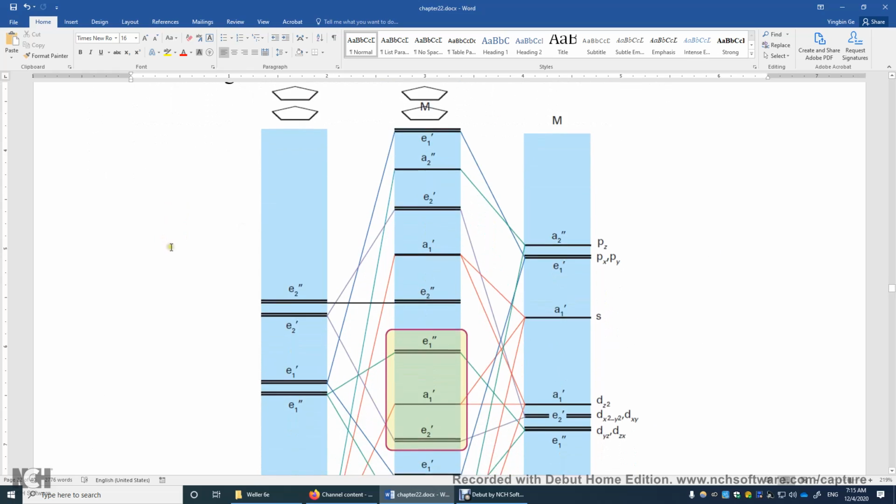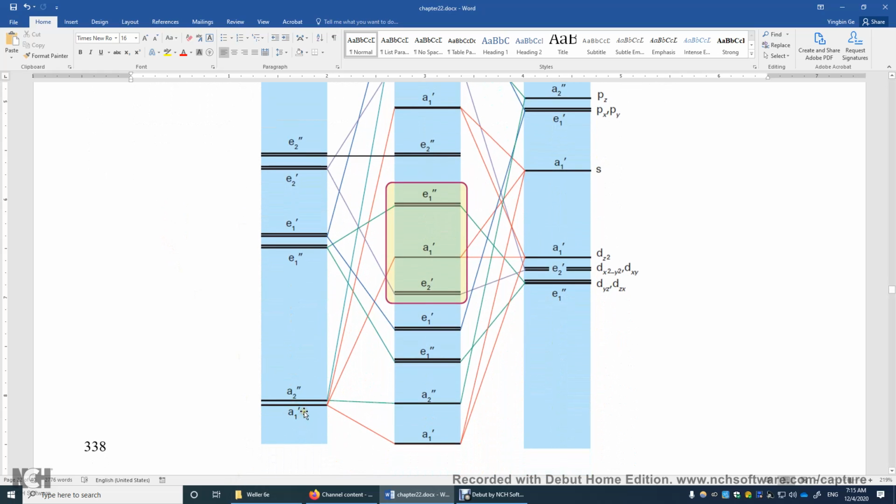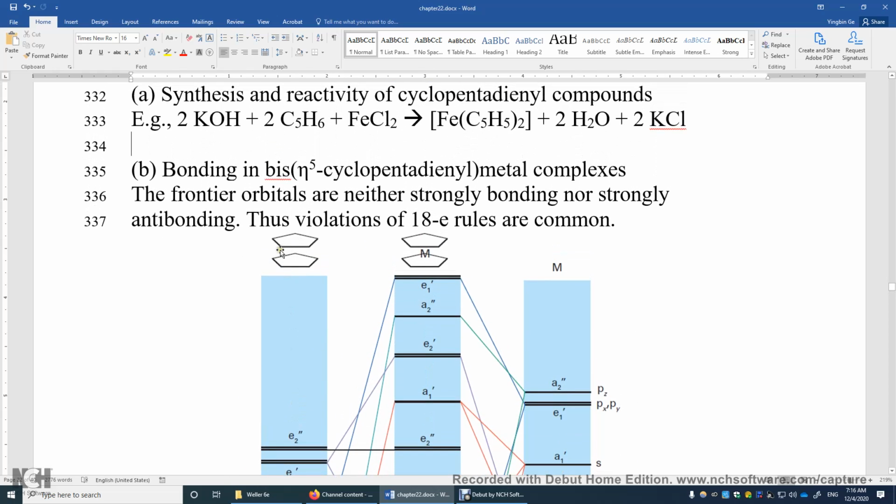C5H5 minus. You have A1 prime, that's completely symmetric. I think this corresponds to, over here, you can imagine the 5 lobes pointing up from the bottom ring. And also there are 5 lobes pointing down from the top ring. And all these 10 lobes are pointing toward the center metal.